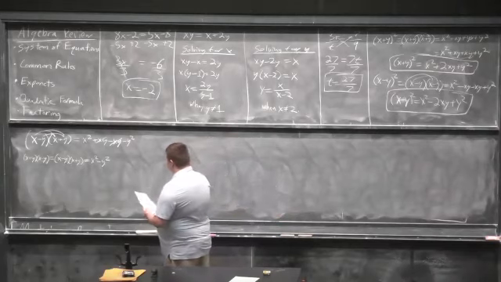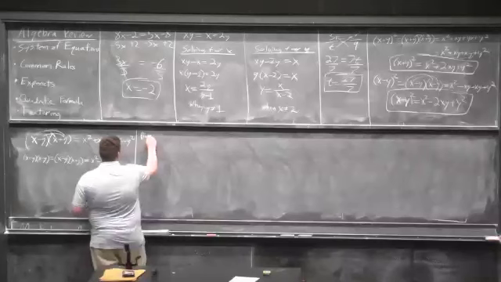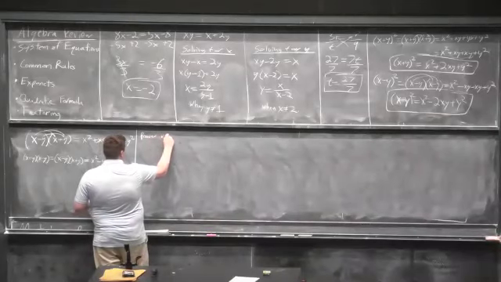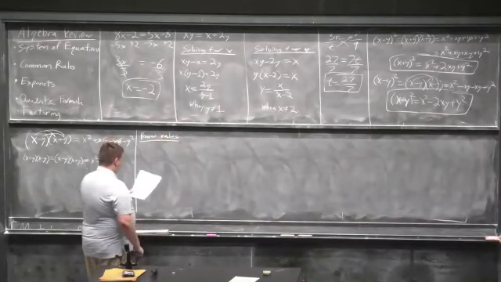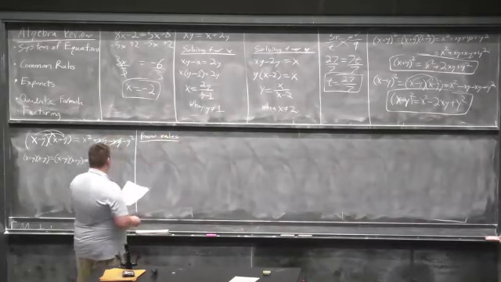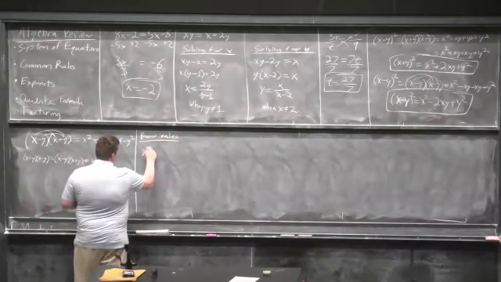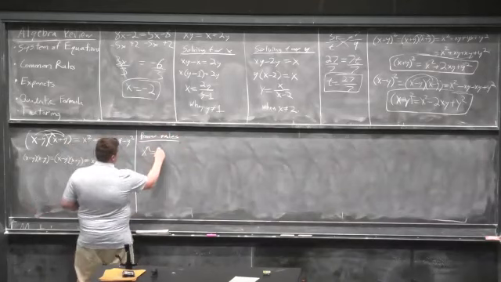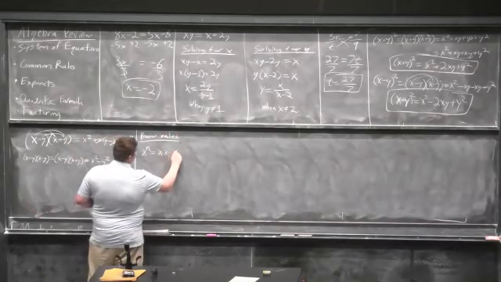So continuing on, let's talk about power rules. We have x to the n is equal to x times a whole bunch of x's.